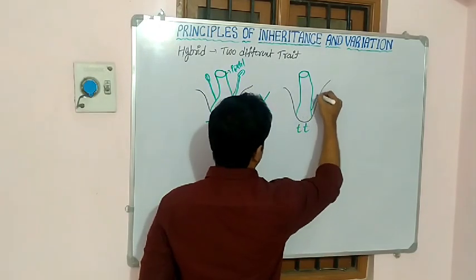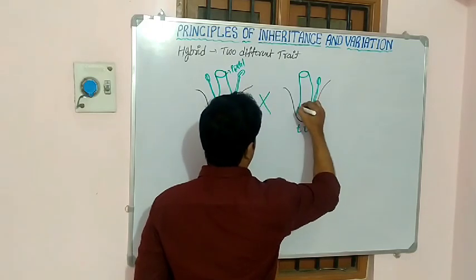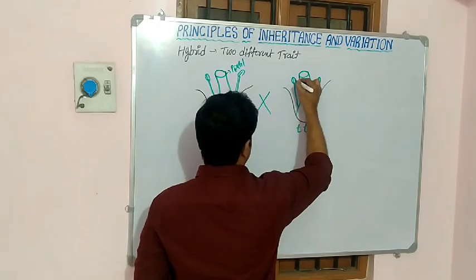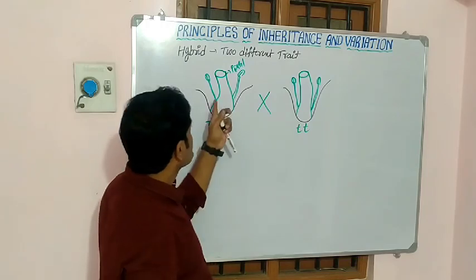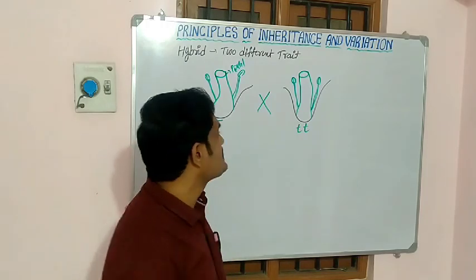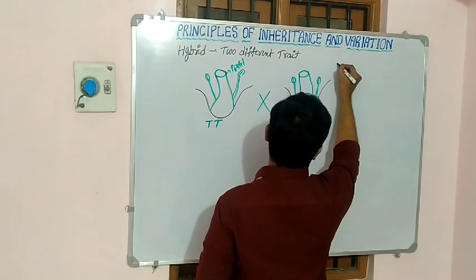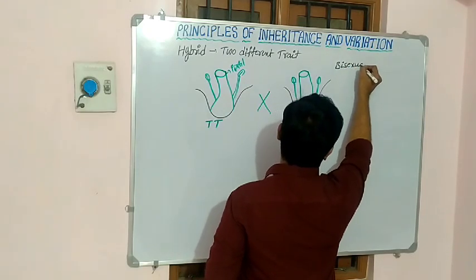Like that, here also pistil and stamens. The garden pea plant has a bisexual flower. Remember, which type of flower is it? Bisexual flowers.